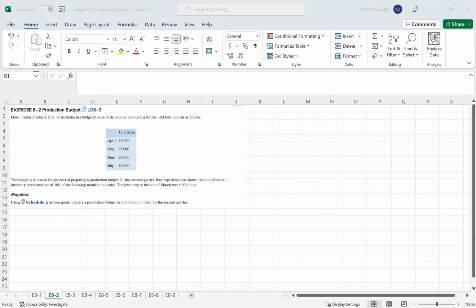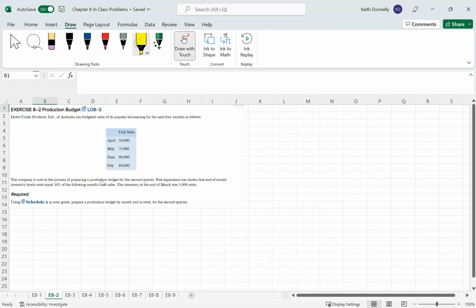The company's now in the process of preparing a production budget for the second quarter. Past experience has shown that the end of month inventory levels must equal 10% of the following month's unit sales. The inventory at the end of March was 5,000 units.